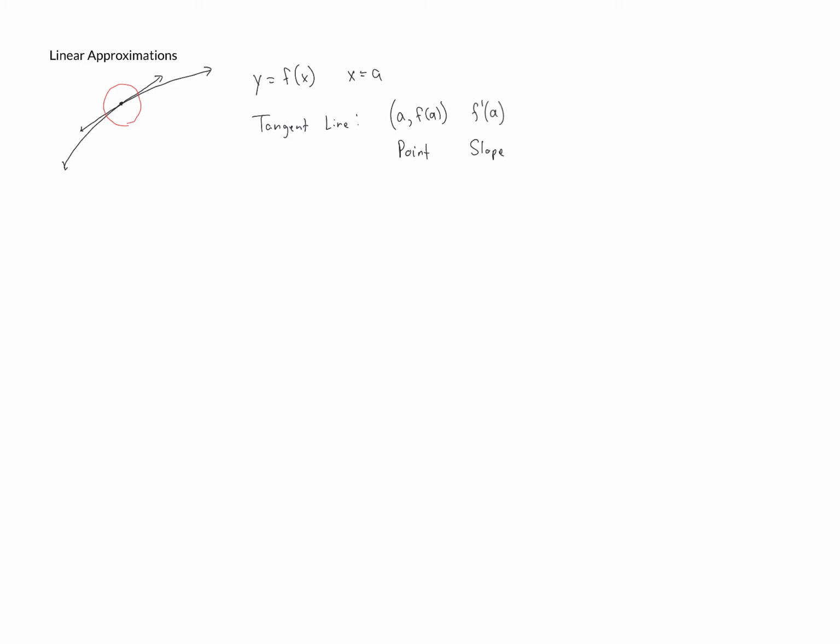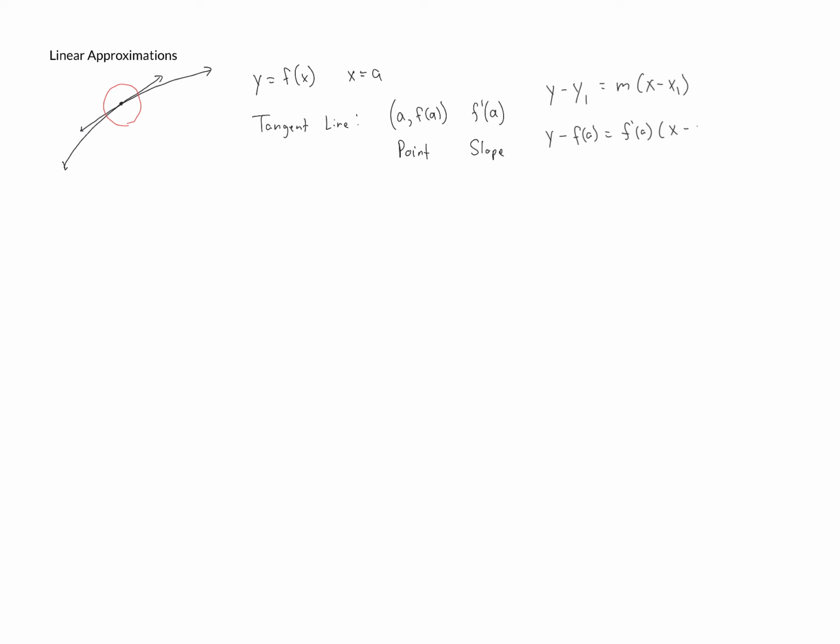And if we know a point and a slope of a line, we can get an equation of that line. We can put this into point-slope form. You'll remember point-slope form is y minus y1 equals m times x minus x1. The y value of the point is f of a. The slope is f prime of a.